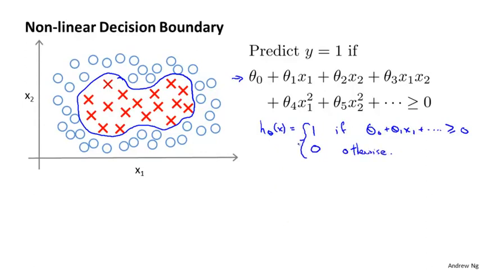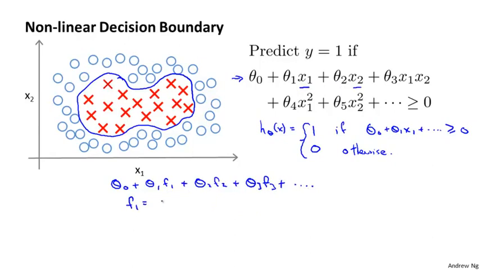And another way of writing this, to introduce a little bit of new notation that I'll use later, is that we can think of a hypothesis as computing a decision boundary using this: theta 0 plus theta 1 f1 plus theta 2 f2 plus theta 3 f3 plus and so on, where I'm going to use this new notation f1, f2, f3 and so on to denote these new sort of features that I'm computing.